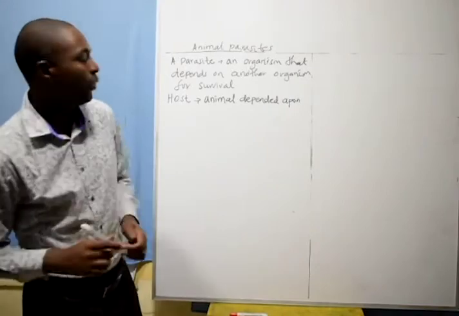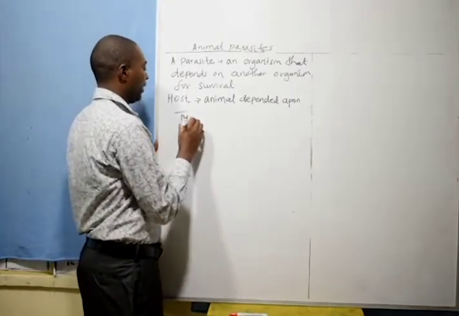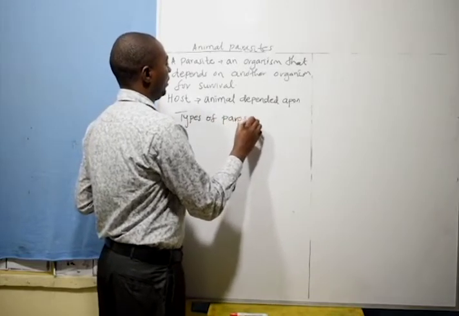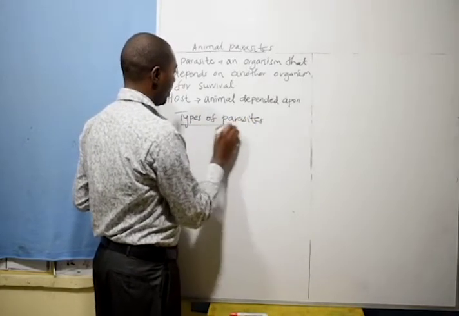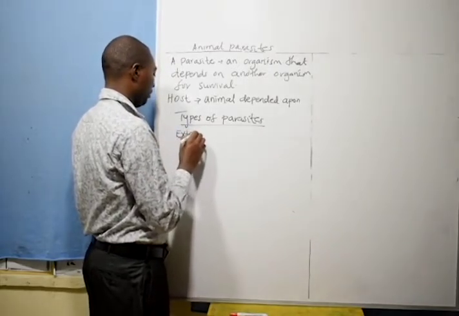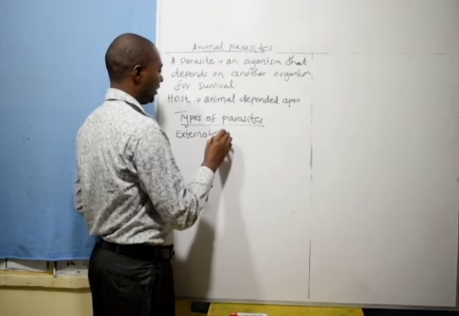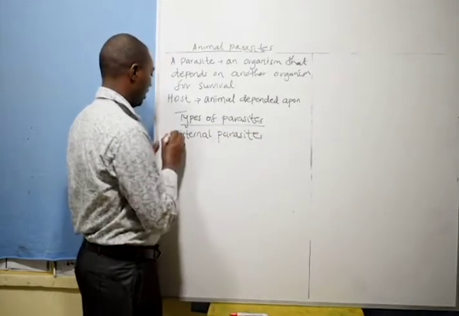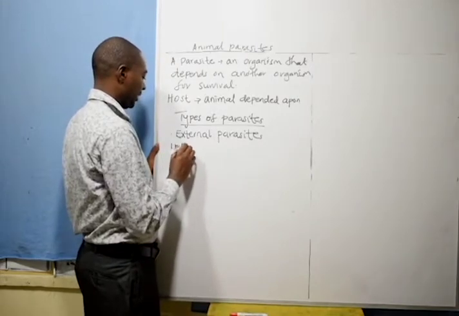And I want to take you through the types of parasites. Just to mention them, one, we have those that we call the external parasites. And there are those that we call the internal parasites.